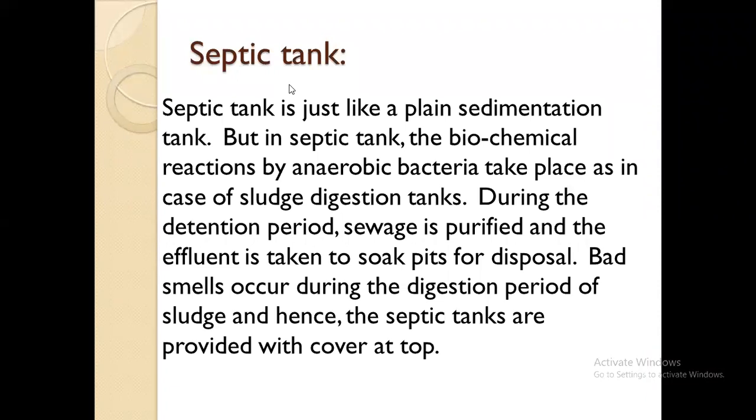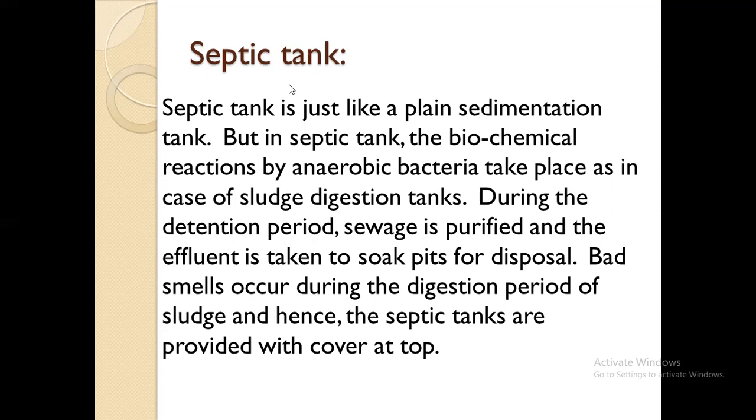In your locality, wherever you are going to construct the building, if a sewer line is not available from the municipal or any other authority, if they have not provided the sewer line, then only you have to go for the provision of a septic tank individually for your building.